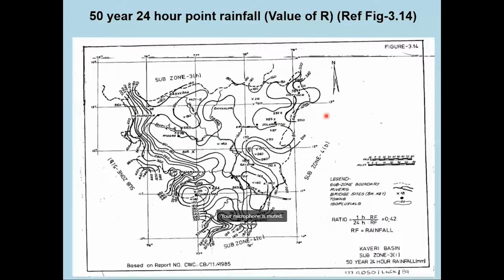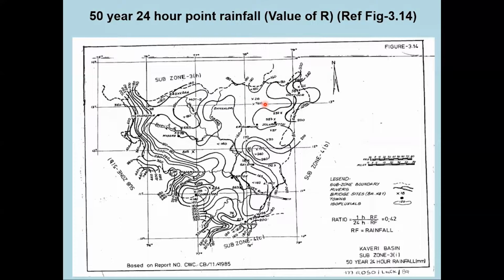Similarly, this is just for example, this slide or this figure is for Kaveri Basin, that is a subzone of zone 3. This shows 50-year 24-hour rainfall. Here perhaps you are able to see these values. This is an isopluvial line of 160, then this isopluvial line of 180.